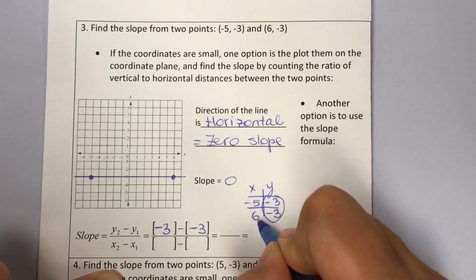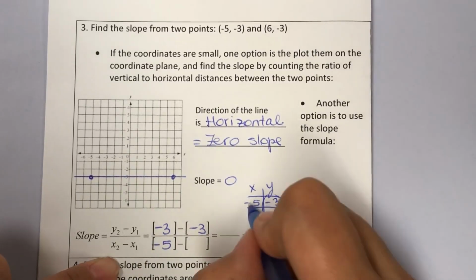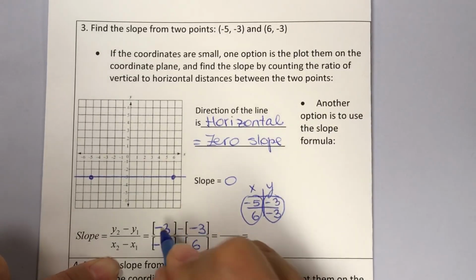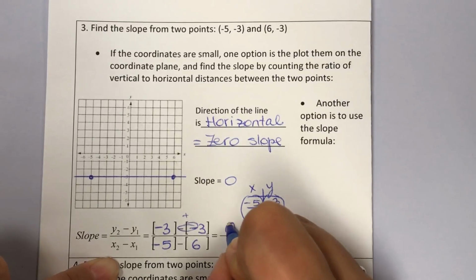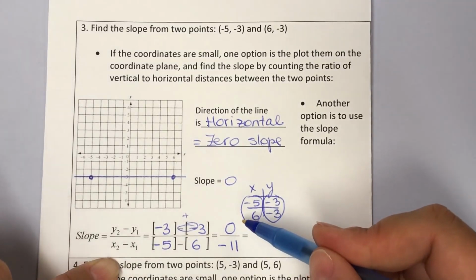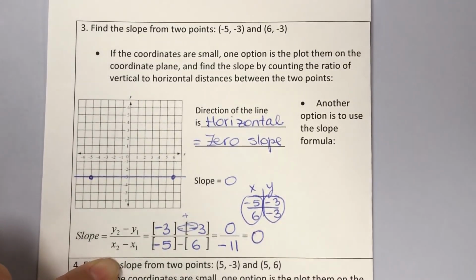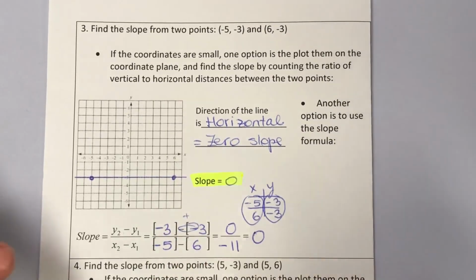In the same order, I subtract my x-coordinates on the denominator. So -5, and I subtract 6. -3 plus 3 will be 0, and -5 combined with -6 will be -11. If the 0 is on the numerator, you can divide. 0 divided by -11 is 0. So the slope is 0, either by looking at the graph or by calculating through slope formula.